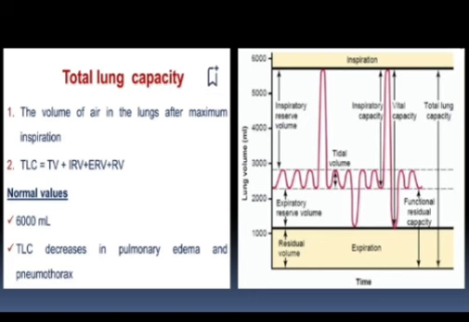So it actually takes the whole of the lung volumes together. From here to this point will give you the total lung capacity.